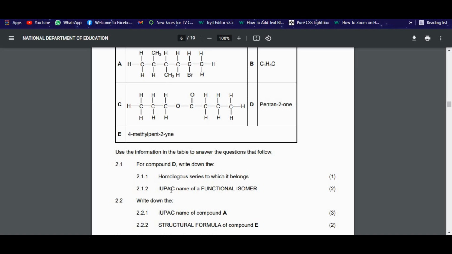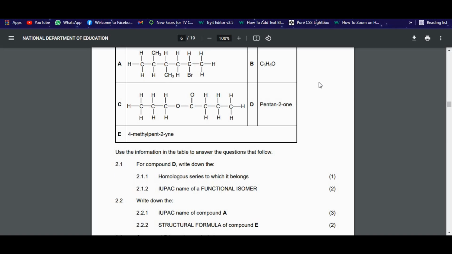2.1.2, the IUPAC name of the functional isomer of compound D. Now what helps with that, if you want to work out an isomer, is you could draw the structural formula in pencil, like on the side here, just a quick structural formula, just to see how it would look.